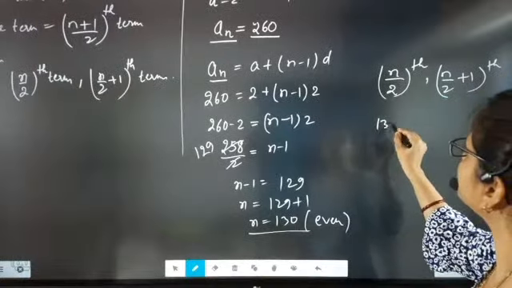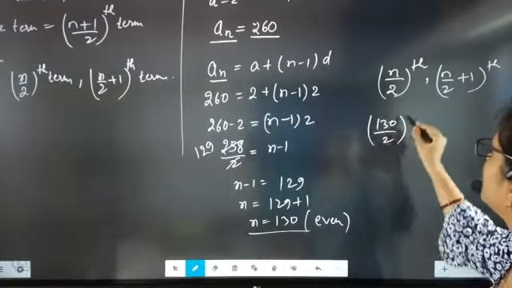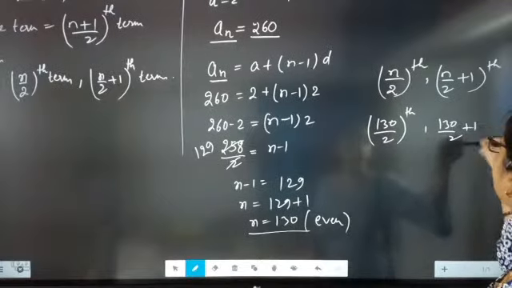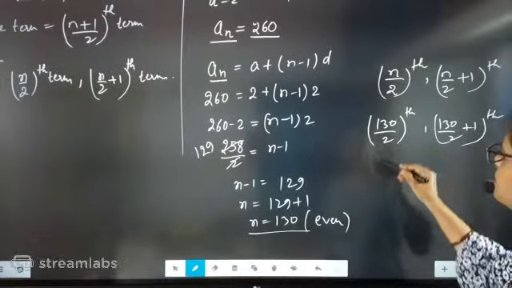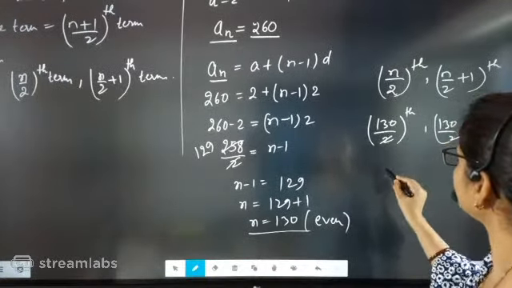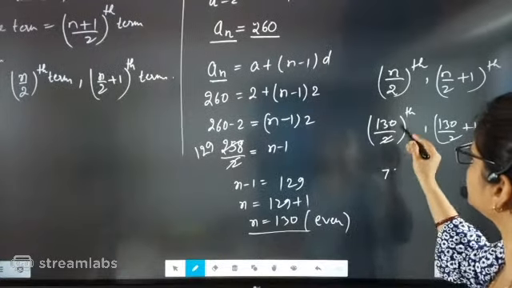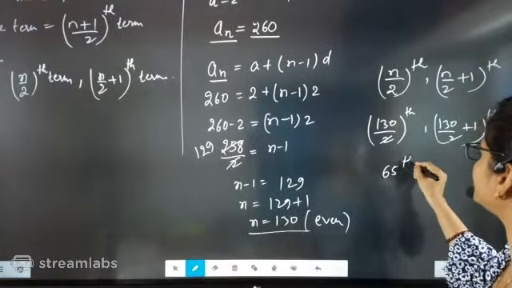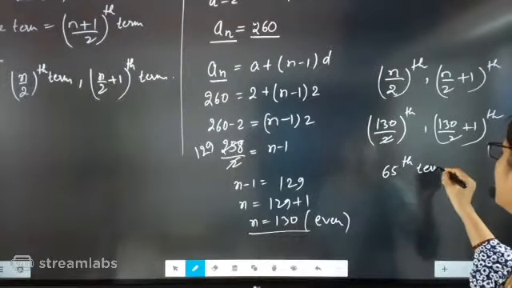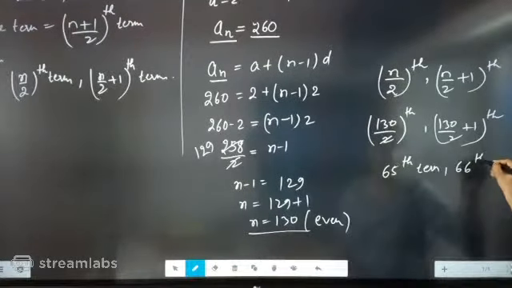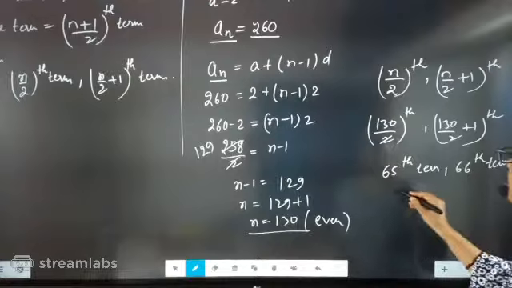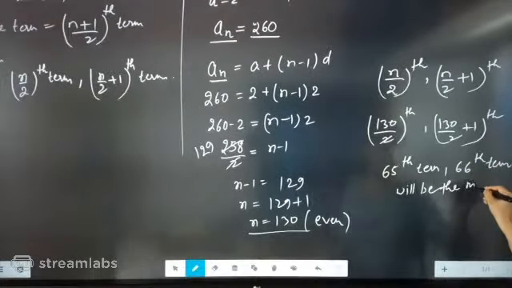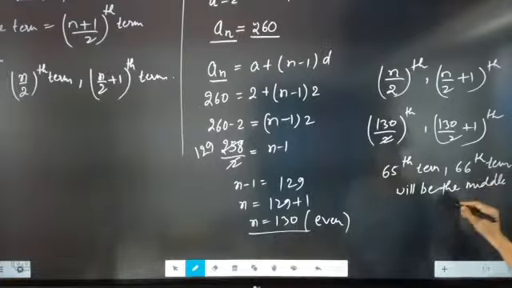So 130 divided by 2th term and 130 by 2 plus 1th term will become the middle terms. 2 6s are 12, so 65. The 65th term and the 66th term will be the middle terms.